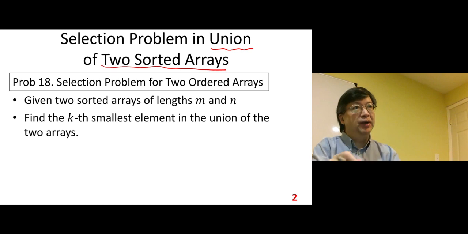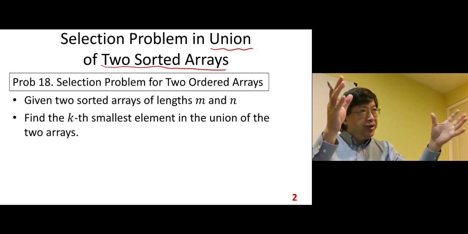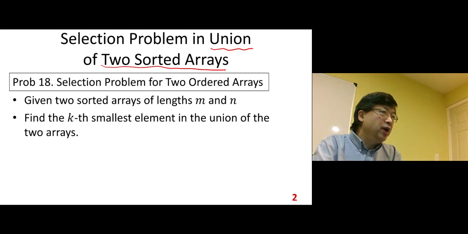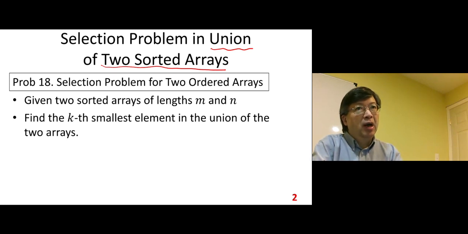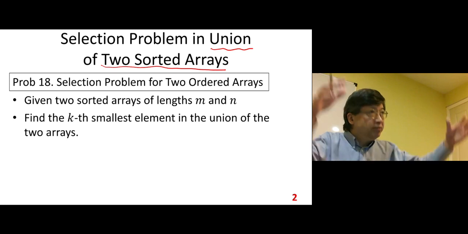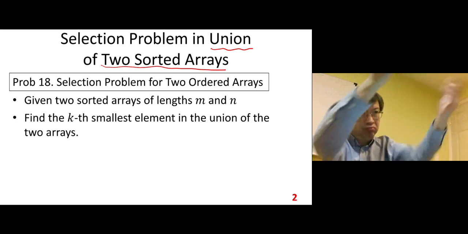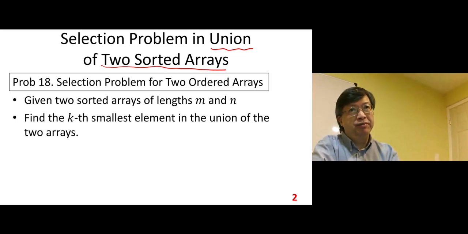The union, okay, so we use the basic union concept, union of two sets. But we do not really do the special operation to merge two arrays. Although you can do that, that may not be a good way to do it.